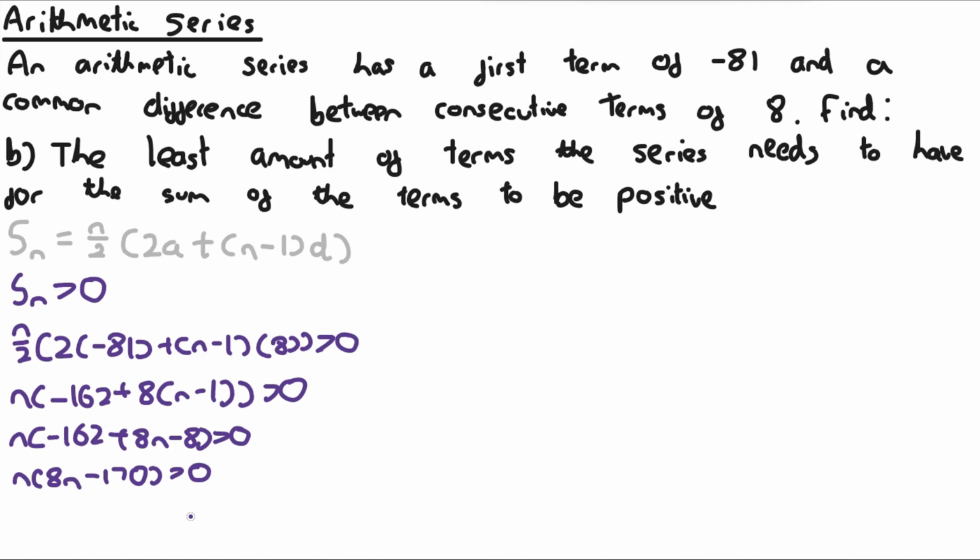Now, you might say at this point that n can't be 0 or a negative number, because n can't be 0 because you can't have a 0th term, and n can't be a negative number because you can't have a negative term. You can't have like the minus 1th term or something like that. And the answer to that is this here is just maths. This here is just an inequality, and this inequality doesn't care about the context of the question. It doesn't care about the fact that n is what term it is in the series.